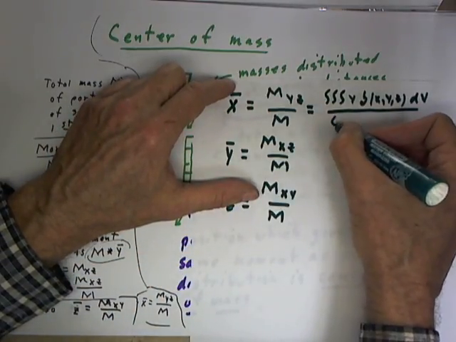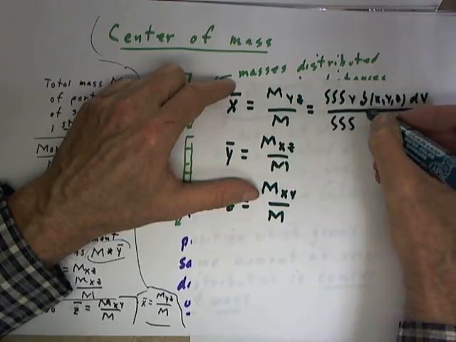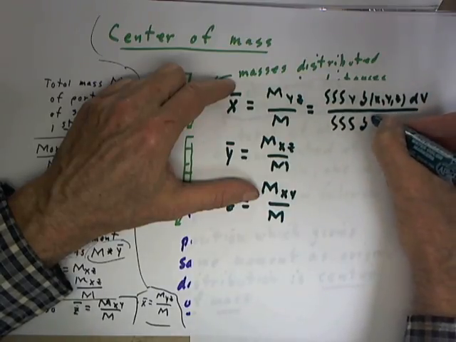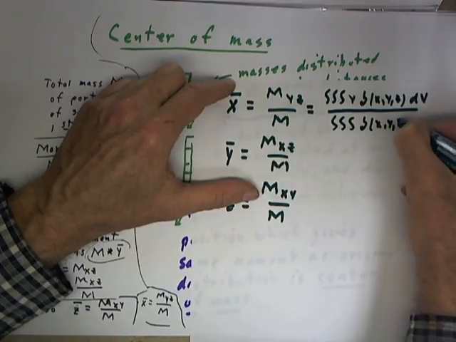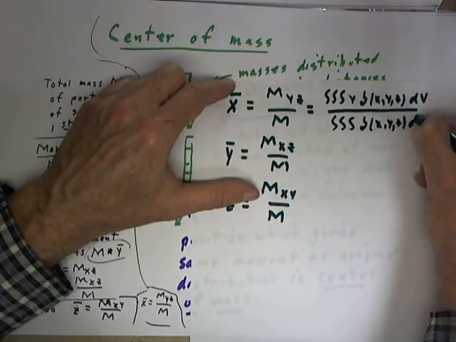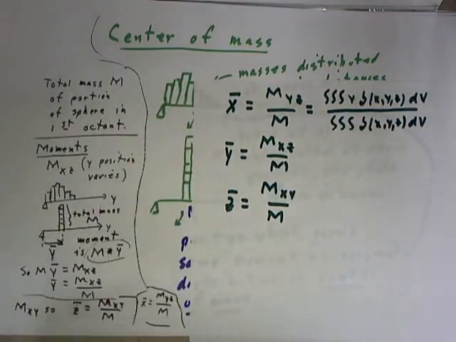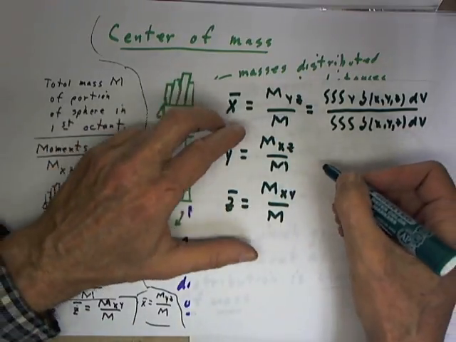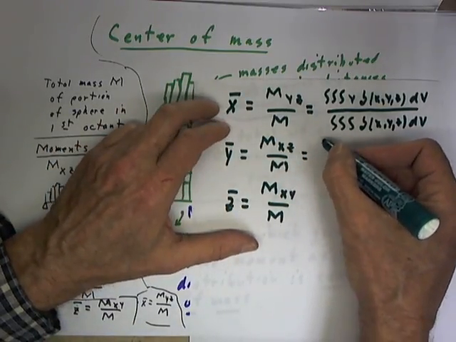The mass is nothing but the triple integral of the density of xyz with respect to volume. And we can write down the analogous integrals.